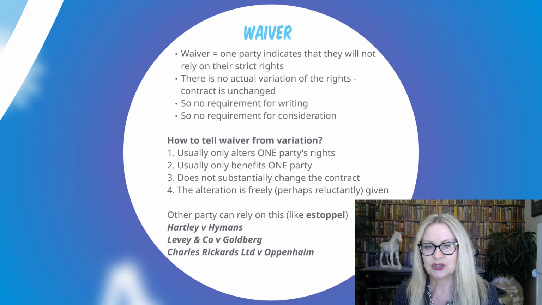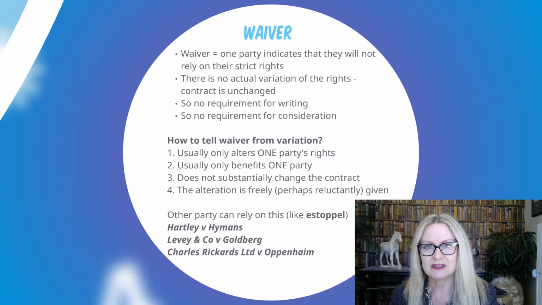So that's the issue of waiver. As you can see, there's parallels, aren't there, with estoppel, and sometimes it can be very difficult for a court to try and process through and find the right label for what's actually going on in the circumstances. A lot of courts have actually gotten fed up with the labels and said that it doesn't really matter what label you use.